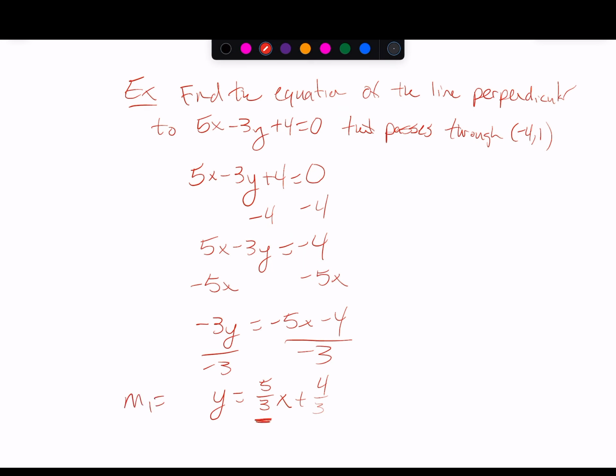So M1 is 5 over 3. What is the slope of our new line, M2? Well, we flip that, so we get 3/5, and we throw a negative sign on it. So now we can use the point slope formula with the point negative 4, 1, and the second slope.